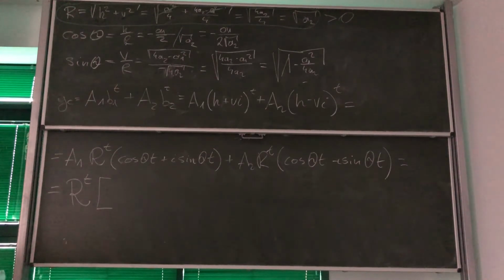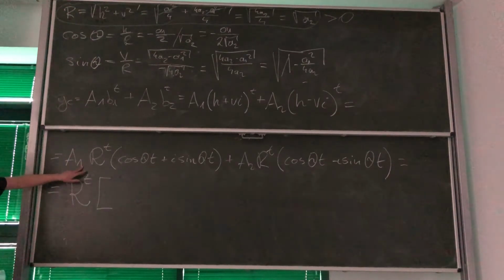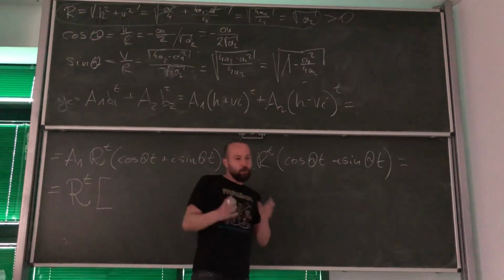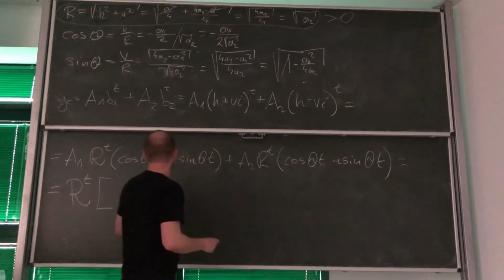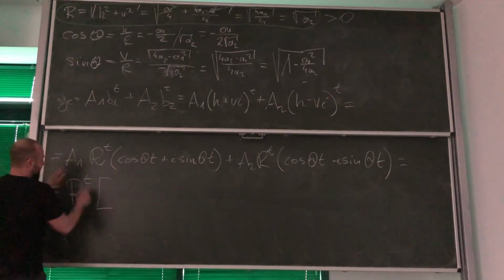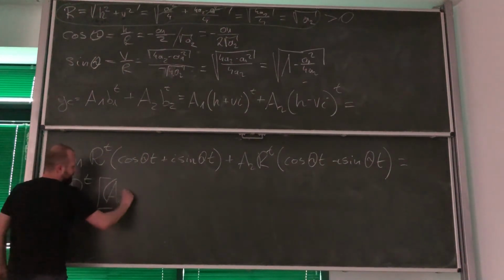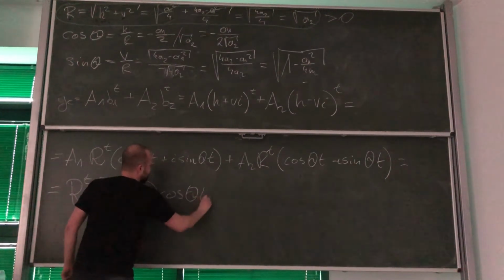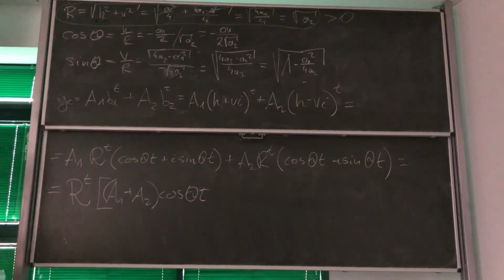Let's put all the expressions with cosine together, and all the expressions with sine together as well. So look, what we get here: a1 plus a2 cosine theta t.